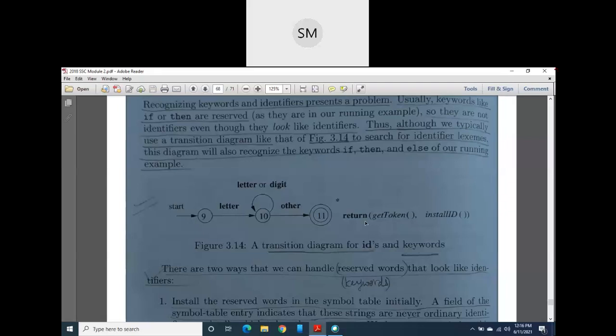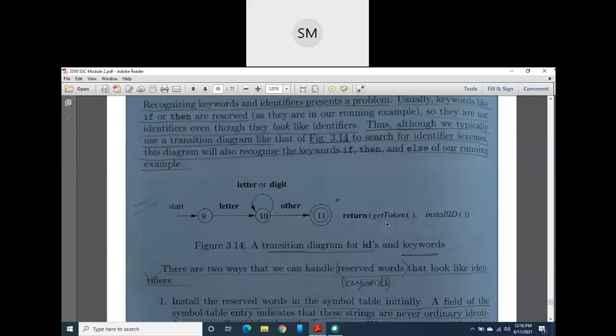Okay, so here after reaching the final state, what is our lexical analyzer returning? Our lexical analyzer is returning a token. Which token? Get token and install ID. It means that here it is not going to return exactly the token name and attribute value; it is going to return two sub tasks.